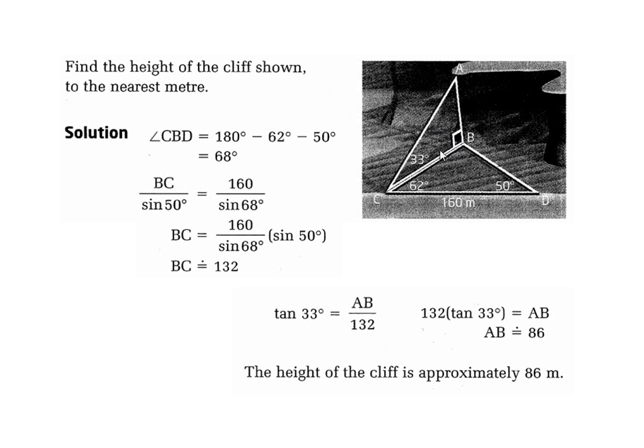So which ratio shall we use? Because the cliff is the opposite of this 33, right? So for this angle of 33, the cliff is the opposite, and the river is the adjacent.